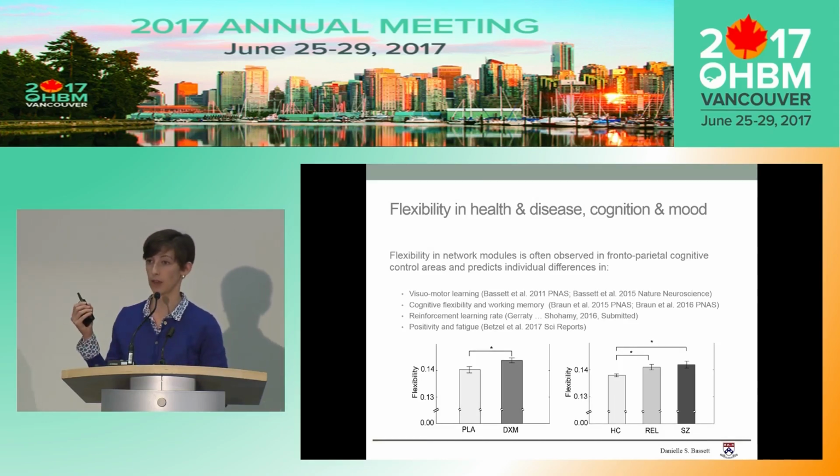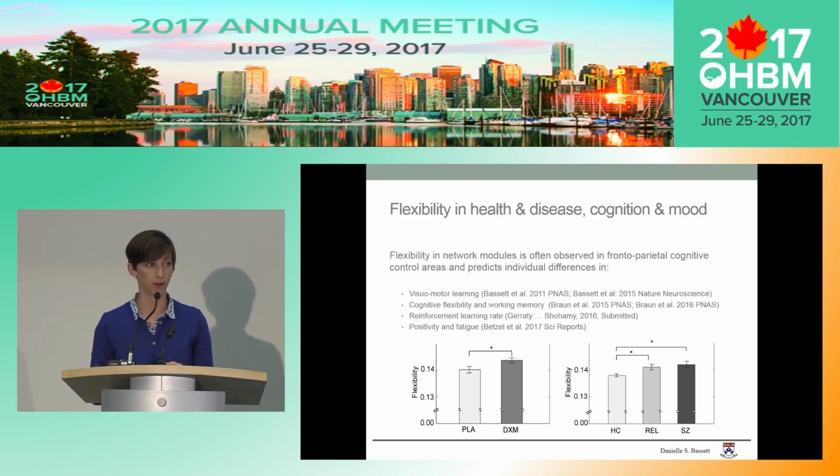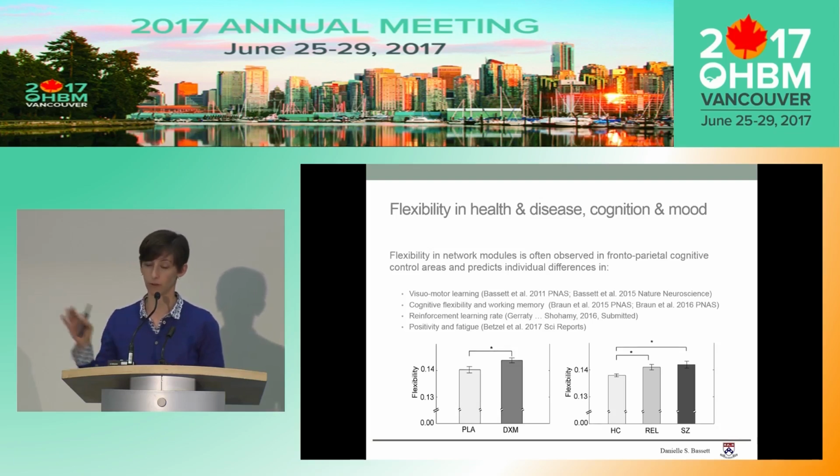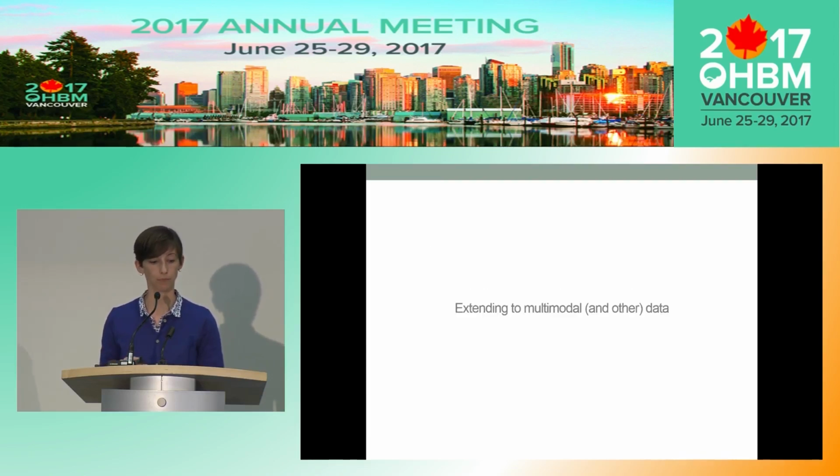We also see that flexibility is an intermediate phenotype of schizophrenia, which is thought to be driven to some degree by an alteration in the excitatory inhibitory balance. So this is the Braun 2016 Proceedings of the National Academy of Sciences paper. Both of these two studies are in that paper. So that suggests to us that this is something that is related to underlying neurotransmitter level drivers.